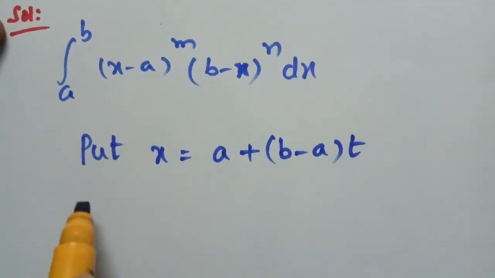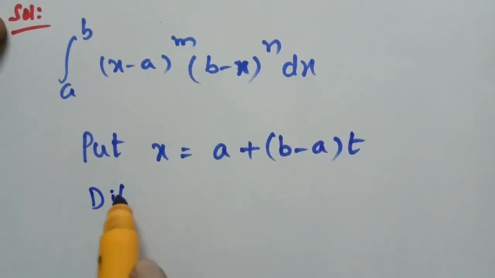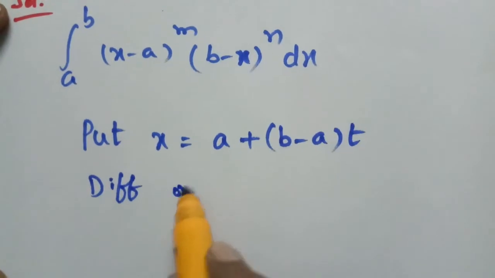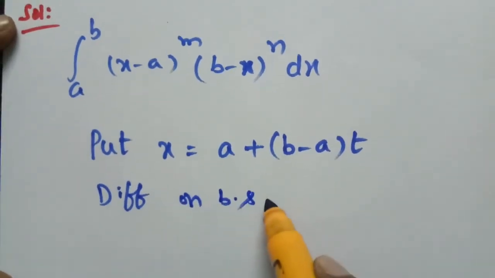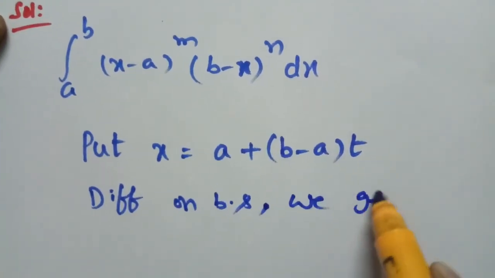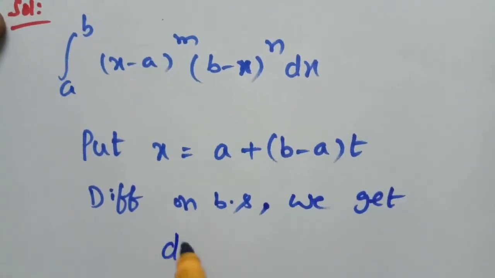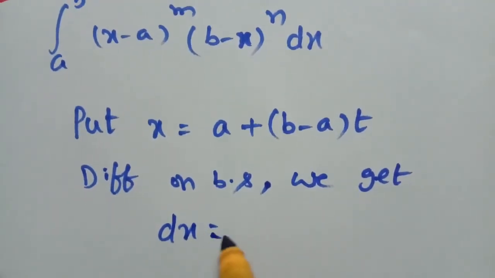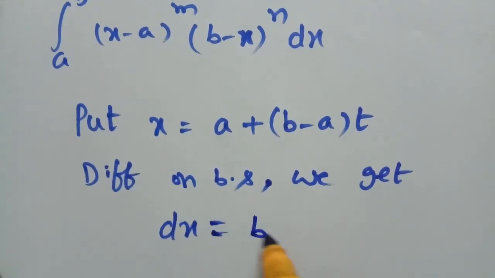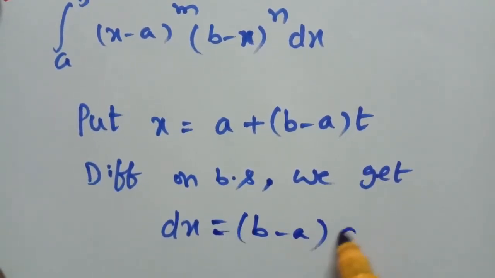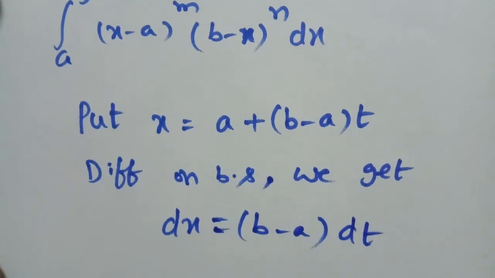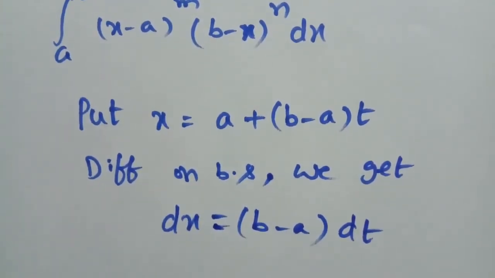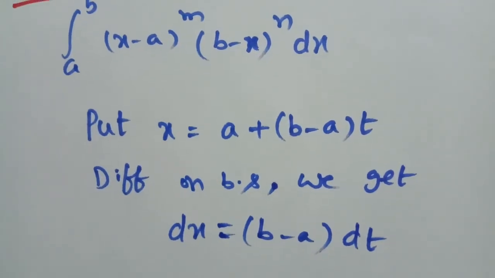Differentiating on both sides, we get dx is equal to (b minus a) dt, since b minus a is a constant. How do the limits change if we change x in terms of t?